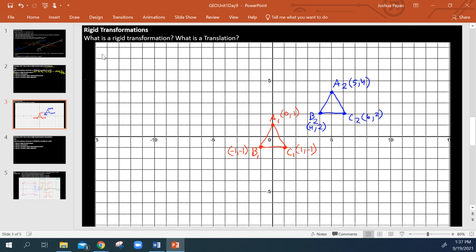Right? So what happened? Well, let's look at A2 first. So my x coordinate changed from 0 to 5. So I literally did x plus 5, right? Well, what else changed? Well, my y coordinate went from 1 to 4, right?